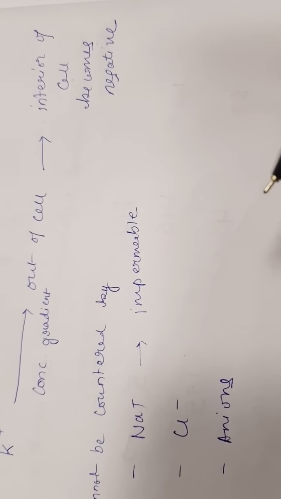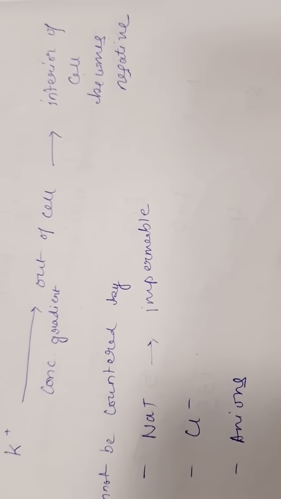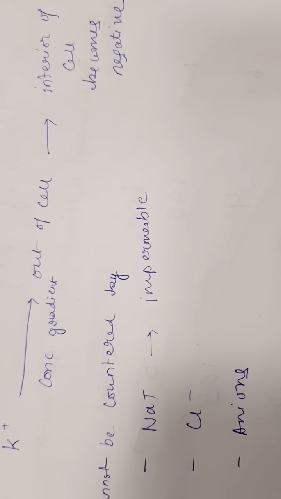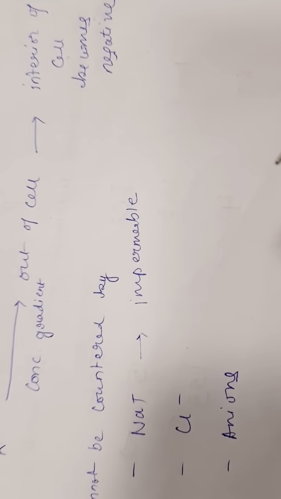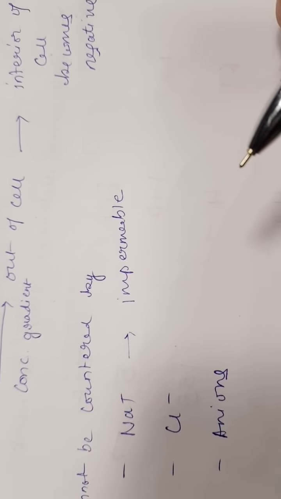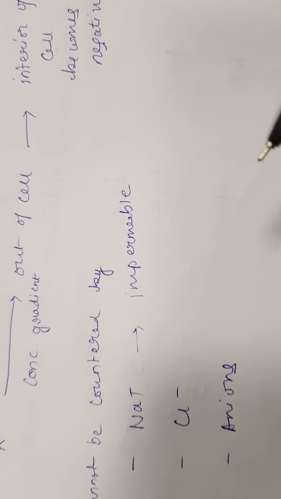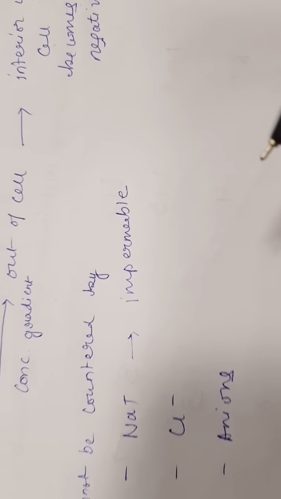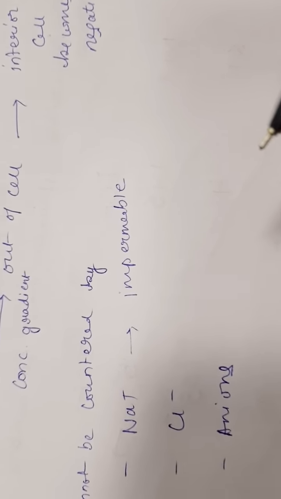But since the concentration is more on the outside, the chloride cannot flow against its concentration gradient. And the negatively charged anions cannot flow out because they are large and cannot move through the plasma membrane. So what is happening after this? The interior of the cell goes on becoming negative.